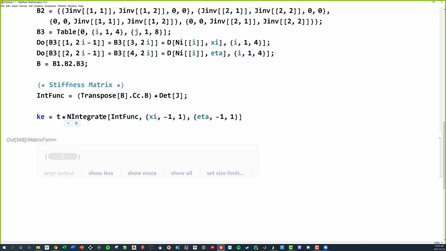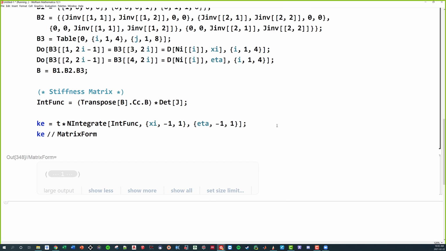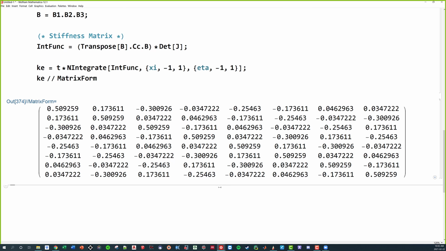If you use the regular Integrate function, you might get some errors, because the algorithm used in Integrate is based on fractions. We don't have fractions, so things get a little messy when we start dealing with these large integrations. If I suppress this and show ke in matrix form, we get our 8x8 stiffness matrix, exactly as expected. 8x8, not a problem at all.